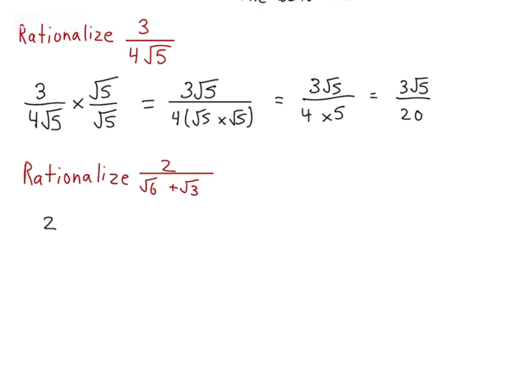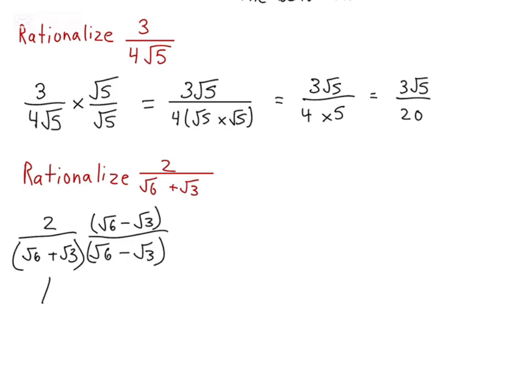Okay, so now we're going to try this problem. We're going to multiply by the conjugate, so root 6 minus root 3 over root 6 minus root 3. Now what we can see from here is that in the bottom, we have a difference of squares.